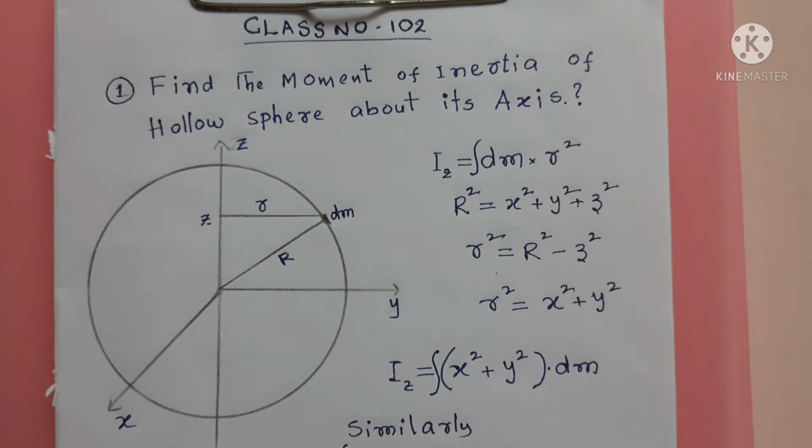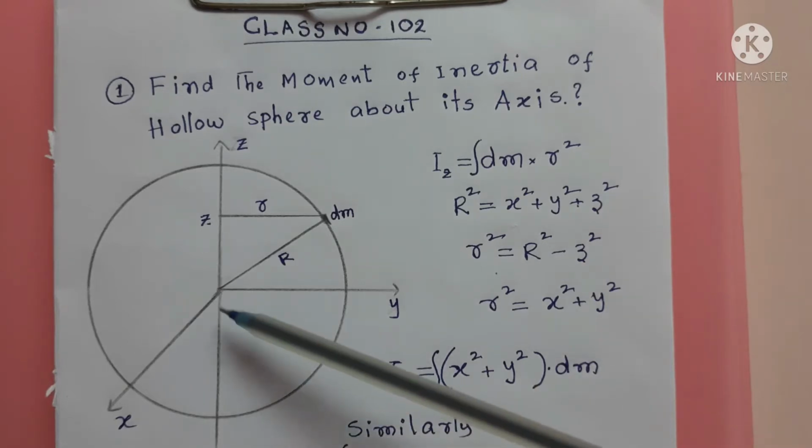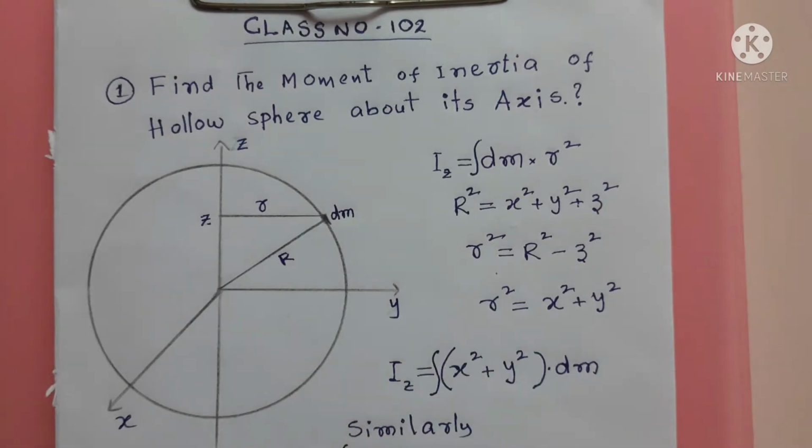Now we are going to find the moment of inertia of the hollow sphere about the z-axis. In fact, the moment of inertia about the x-axis, y-axis and z-axis is the same as long as the axis is passing through the center of the sphere.